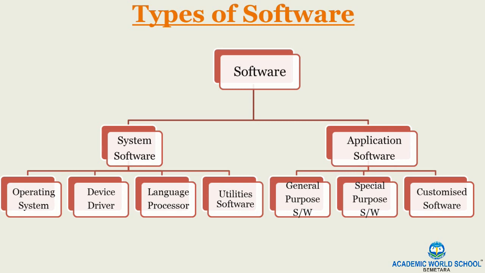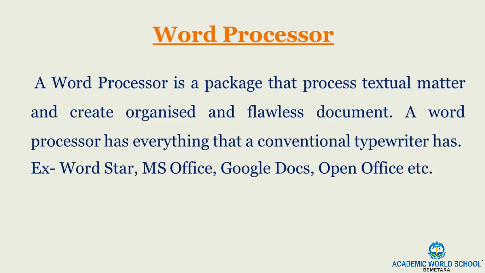Next, what do you mean by word processor? A word processor is a package that processes textual matter and creates organized and flawless documents. The word processor is software where you can edit, format, and save your document easily.